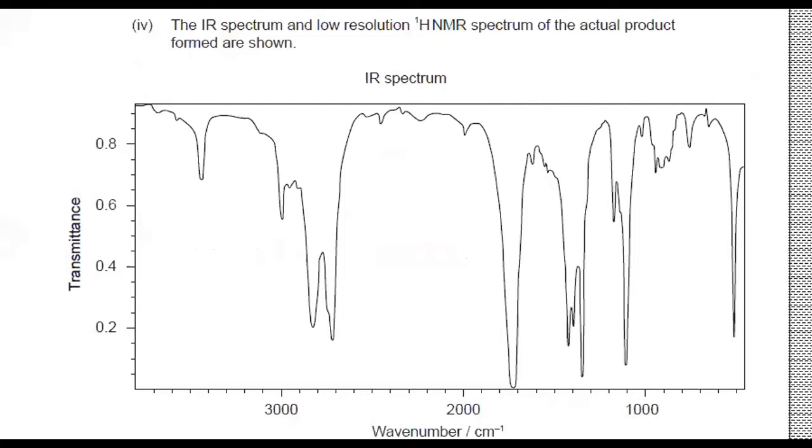Now, let's move on to the next question. The IR spectrum and low resolution H1 NMR spectrum of the actual product formed are shown below. The first diagram is the IR spectrum, as already indicated in the diagram itself. In an IR spectrum, the curve starts from the top on the right side and moves towards the left.